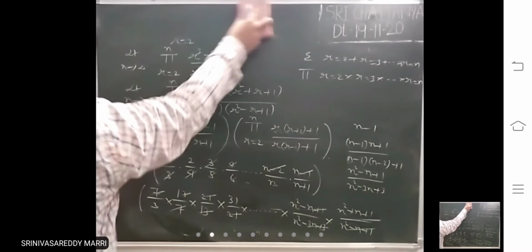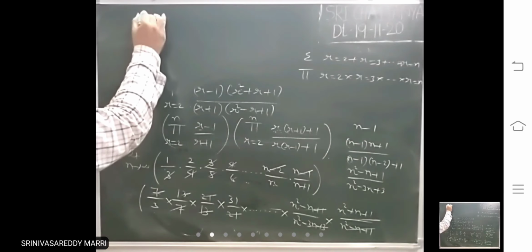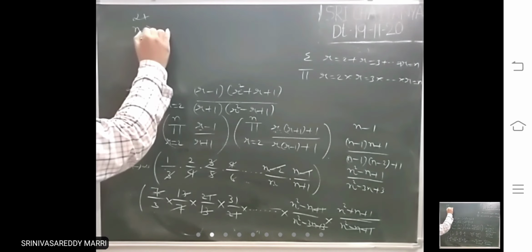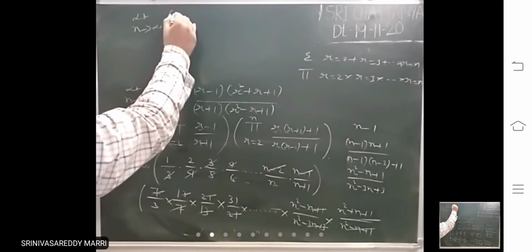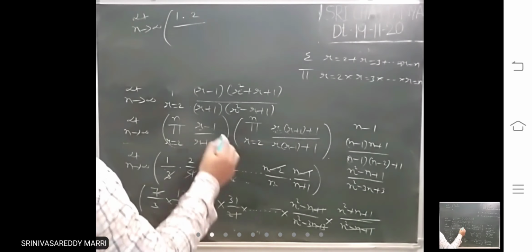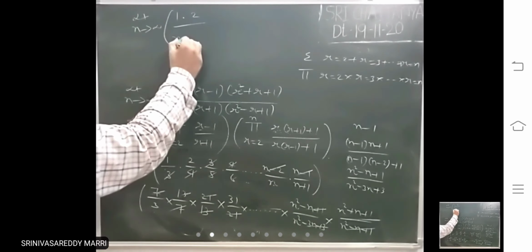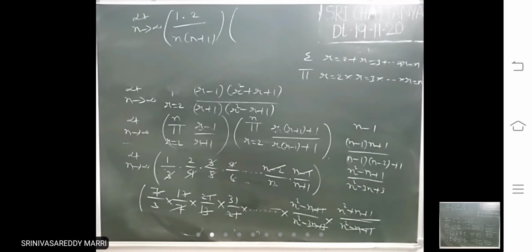So now limit n tends to infinity. What are the remaining? You write. Remaining are, in the first one, 1 into 2 divided by n into n plus 1. In the first product, 1 into 2 divided by n into n plus 1.